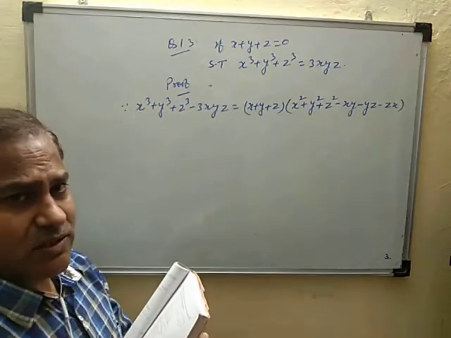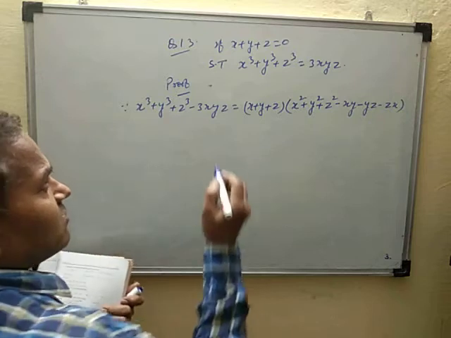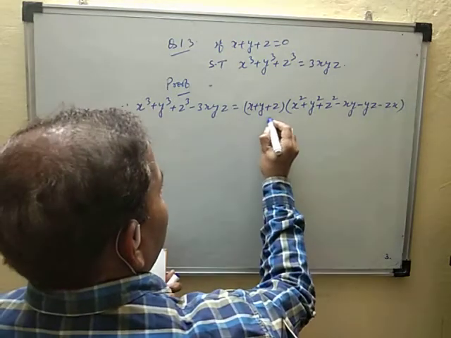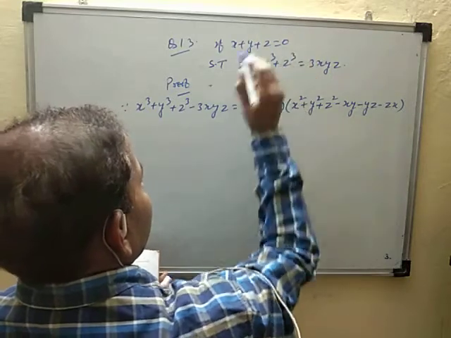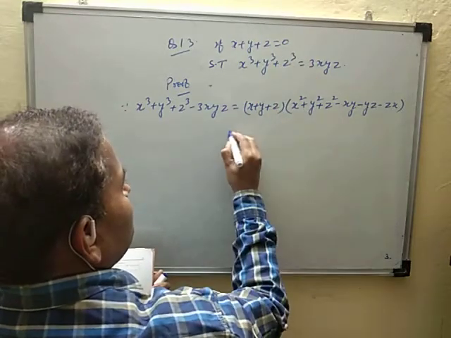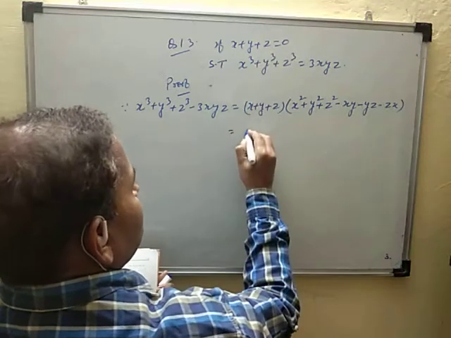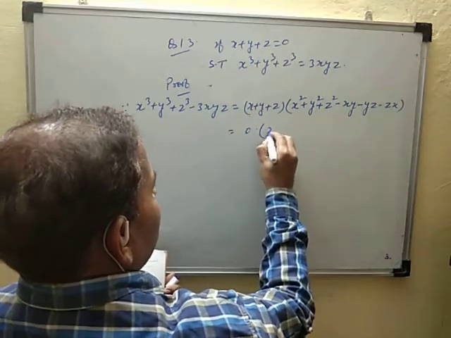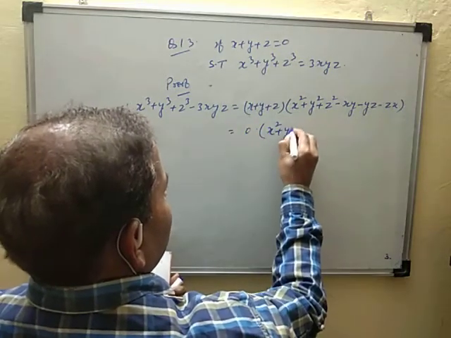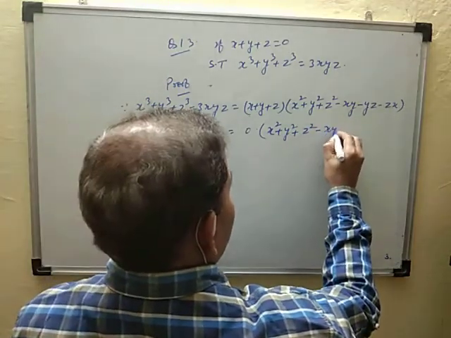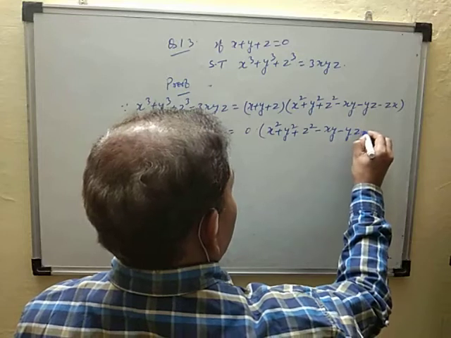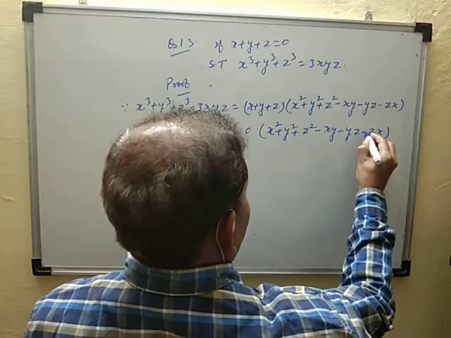This is the identity. Now x plus y plus z is given, the sum of these three terms is 0, so put the value 0 for x plus y plus z, so 0 into x square plus y square plus z square minus xy minus yz minus zx.